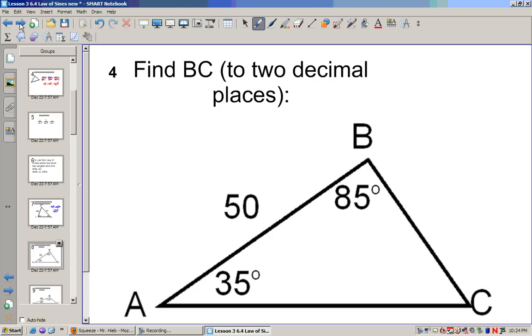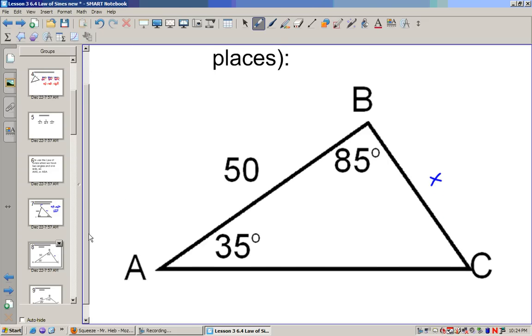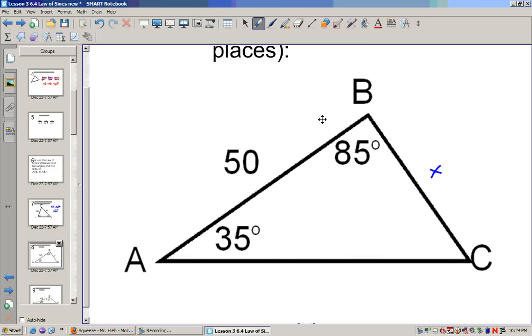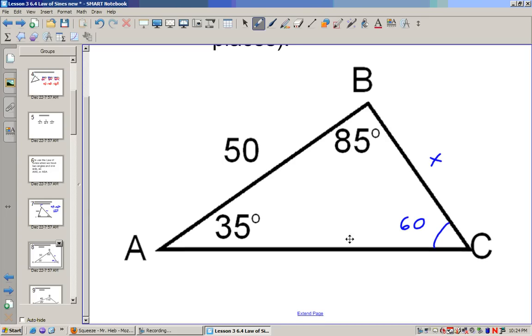Alright. Now if we do this, finding BC, that's this side over here, well, we know one side, 50. We'd need to find this angle in order to use the law of sines. We can add these two together, and that would be 120. So this would have to be 60 in order for all the angles to add up to 180. So the sine of 60 over 50 is going to equal the sine of 35 over x.